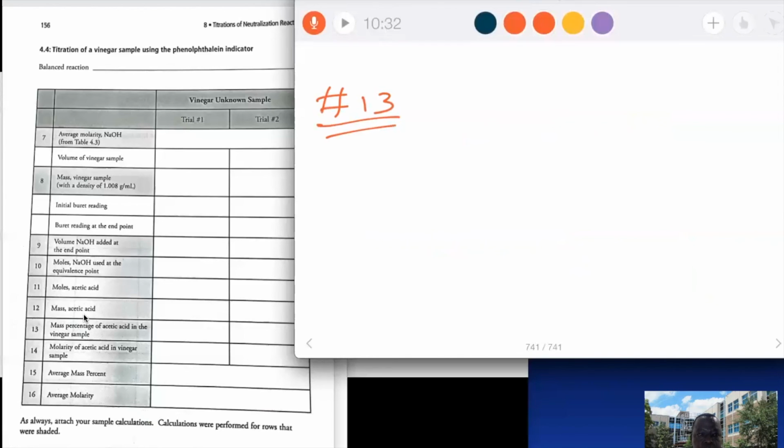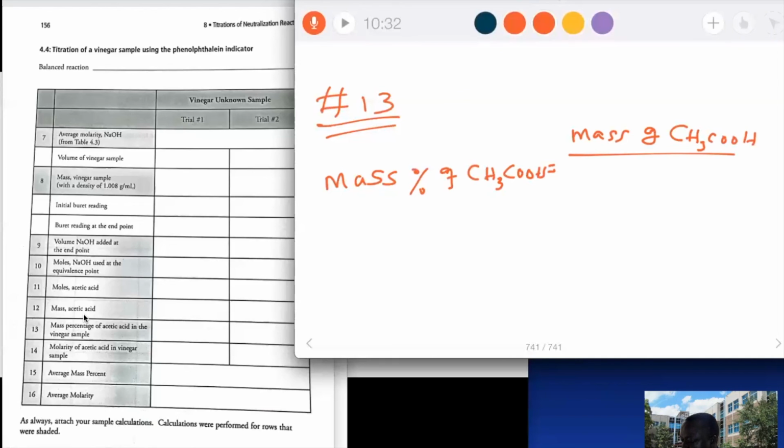So the mass percent of CH3COOH is given by the mass of CH3COOH over the mass of vinegar solution, times 100%.